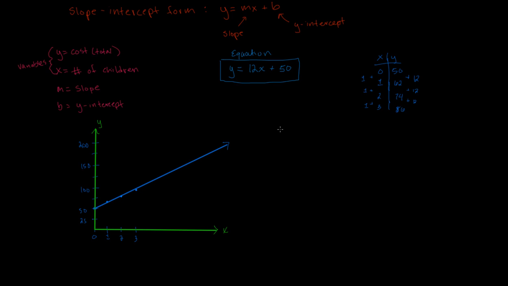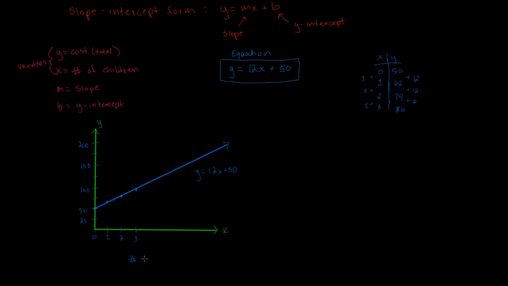Just like that. Okay. And so what you're seeing is that you have this line that doesn't go past 0. So the domain of this doesn't go past 0. It's not in the negatives anywhere, but it can go on to infinity, depending on how many kids you want to bring. So this is our y equals 12x plus 50 line.